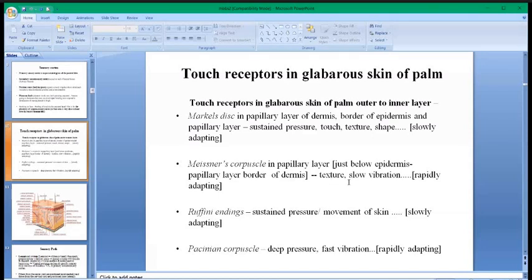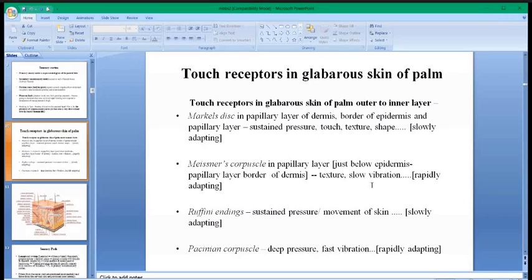Meissner corpuscle, this is for texture or slow vibration. So when you go to check the quality of a cloth, you want to buy some clothes, whether it is made of khaddar, rough cotton, or smooth cotton, or silk or something, you have to do like this, isn't it?